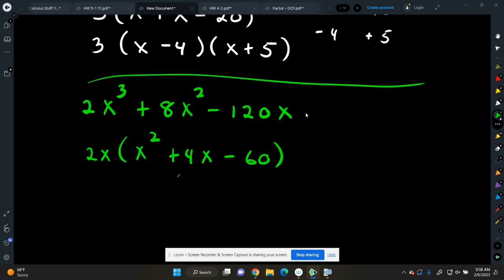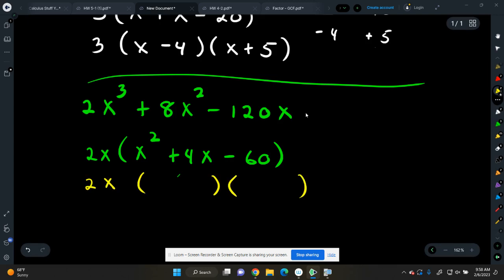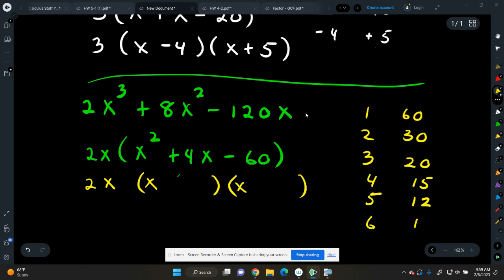Okay, so we have 2x, and then we're going to make our two sets of parentheses. We put an x in both parentheses. Now I'm looking to factor the 60, right? 1 and 60, 2 and 30, 3 and 20, 4 and 15, 5 and 12, 6 and 10.